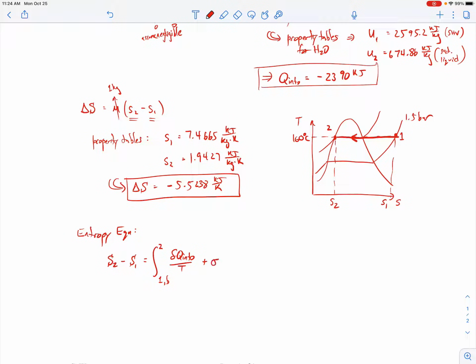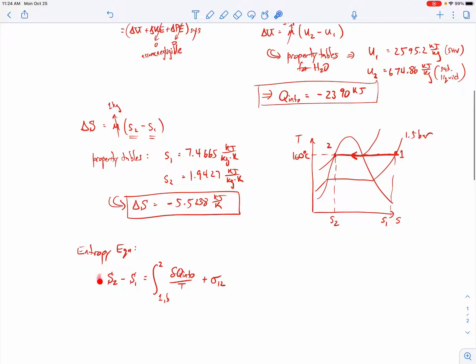So let me write out the entropy equation here. So here's our entropy equation for this particular system. So we have the change in entropy here. Here's our entropy generation going from state 1 to state 2. Here's the heat transfer into our system divided by the absolute temperature where that heat transfer occurs. And this is going from state 1 to state 2 along the boundary.